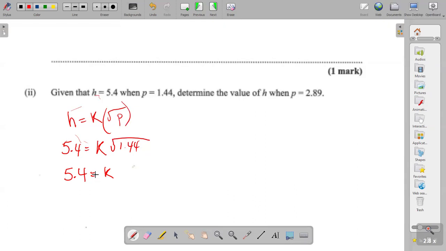Somebody say 1.2. Is that true? What is the square root of 1.44? So 1.2.